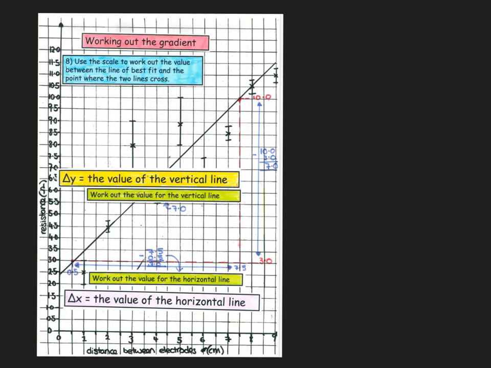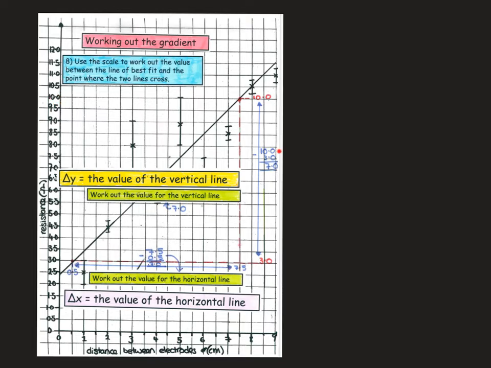So let's do the y change here on the y-axis. This is the point where the 2 lines cross over that we drew earlier. If I follow this along, that value there is 3.0, that's 3 ohms. And then what's the value on the y-axis of this point up here? I go across, and this value here is 10.0 ohms.